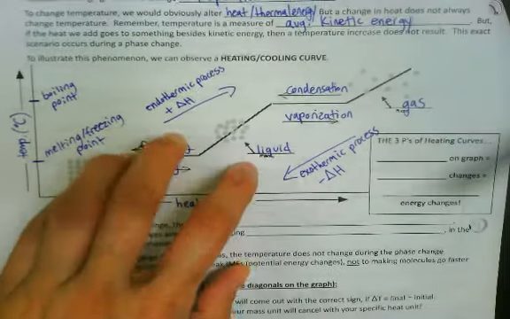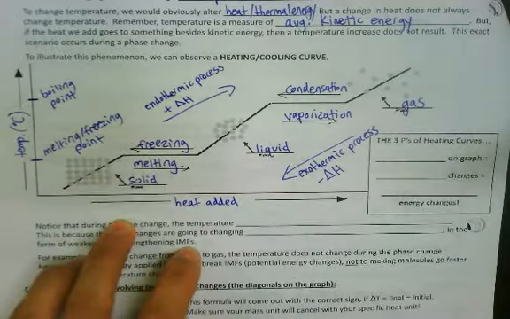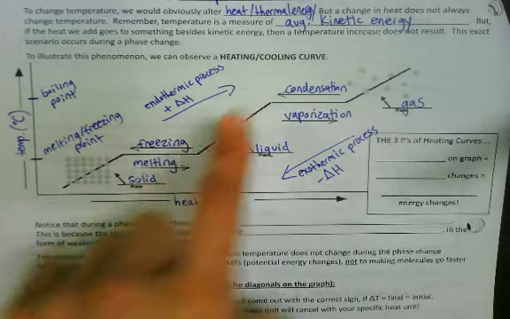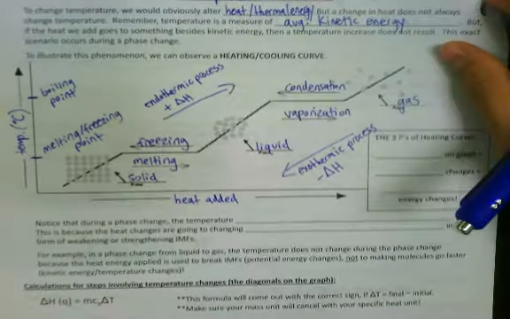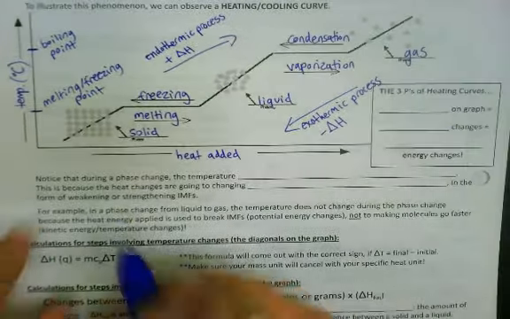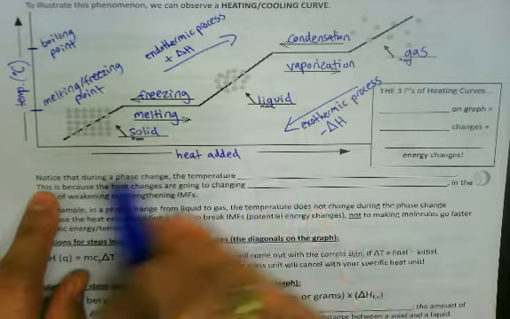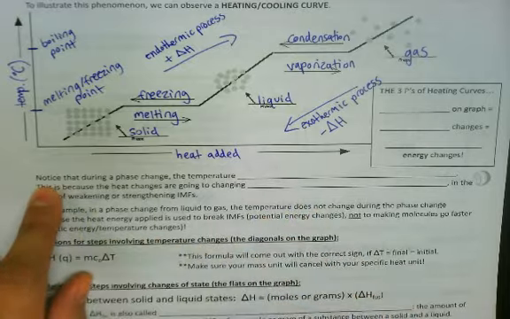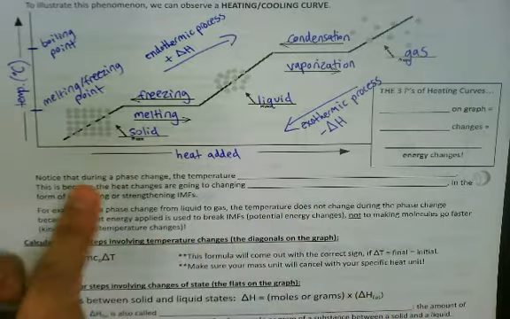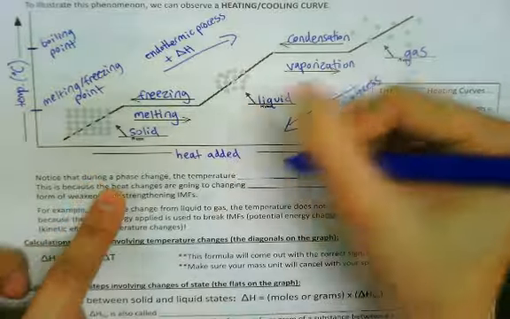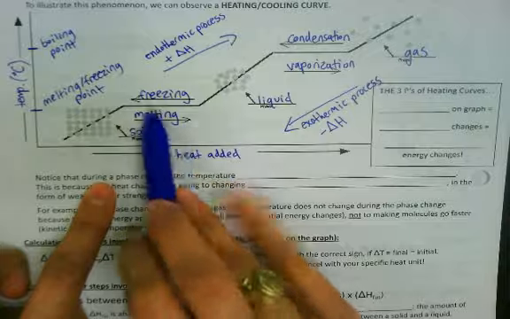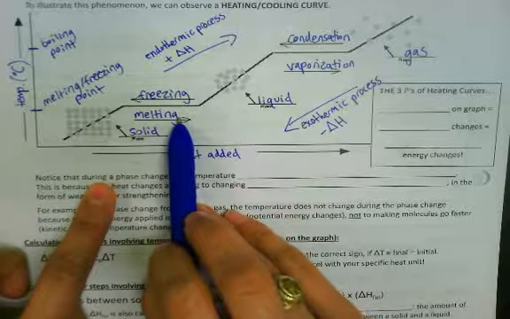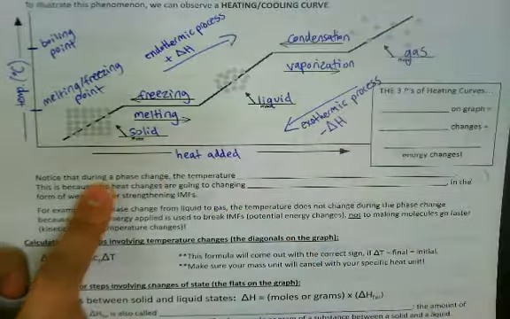And so with our diagram labeled, I want to talk a little bit more about what these flat portions of the graph mean for us here. So that's where we're going to fill in some blanks down here. It says, notice that during a phase change, what's happening to the temperature during a phase change, y'all? It stays the same.